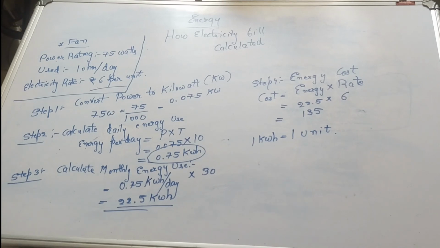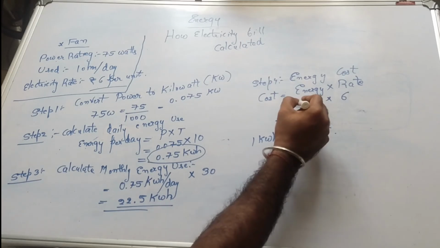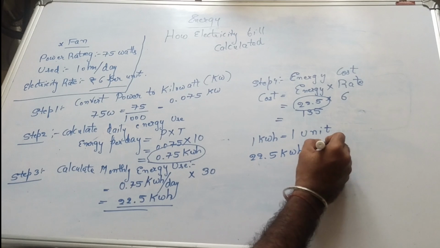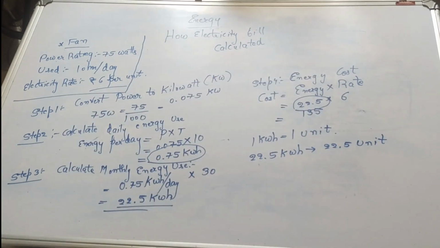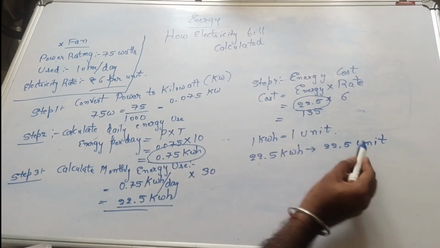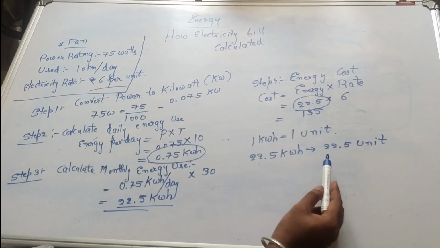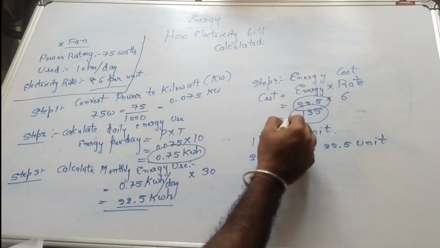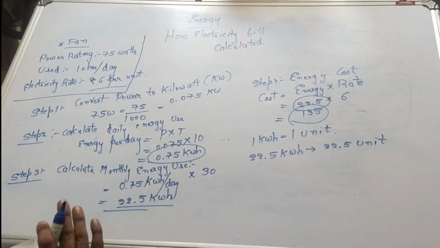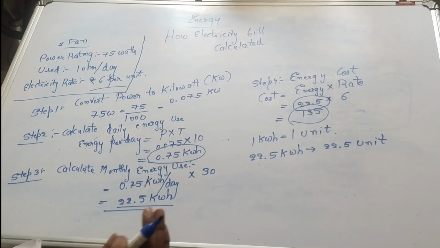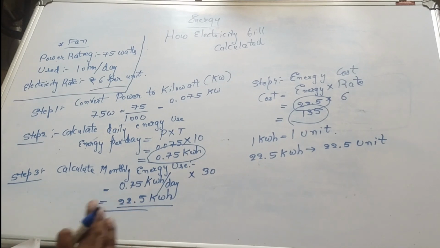Here you have to note that 1 kilowatt hour is nothing but 1 unit, so 22.5 kilowatt hours is nothing but 22.5 units. The charge per unit is rupees 6, so for 22.5 units it will be 135. So if we use a 75 watt fan for 10 hours daily, the monthly electricity bill for the fan will be rupees 135 at rupees 6 per unit.